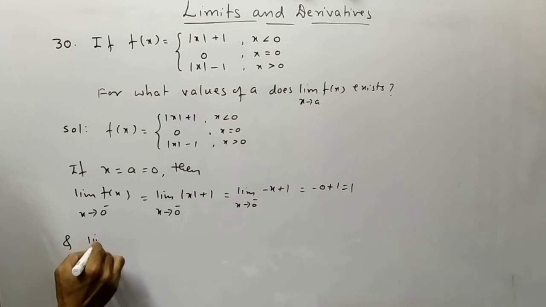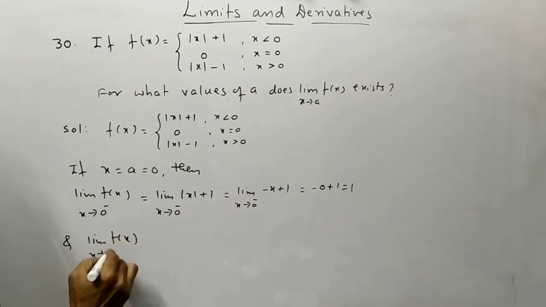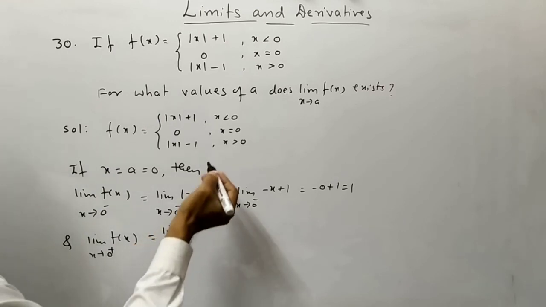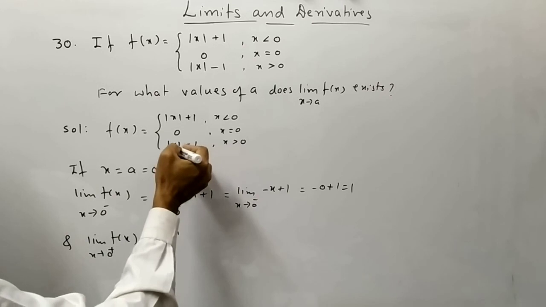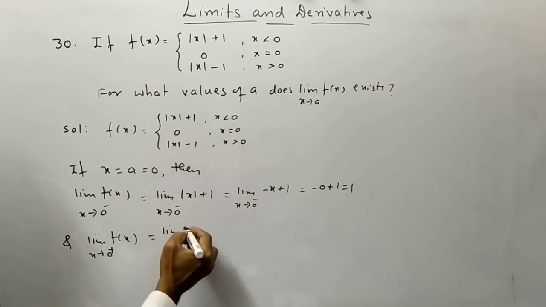And the limit of f of x when x tends to 0 from the right side is equal to the limit of, when x is greater than 0, the function is modulus of x minus 1.